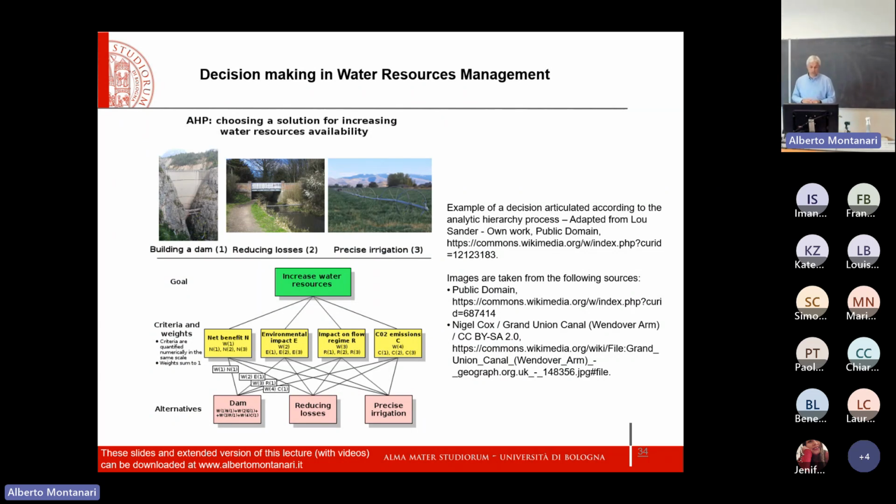Another solution which is frequently used is precise irrigation. Precise irrigation means that you bring the water directly to the crop and you release to each crop the precise amount of water that the crop needs in that day, basing on meteorological predictions, meteorological observations, and on the stage of growth of each crop.